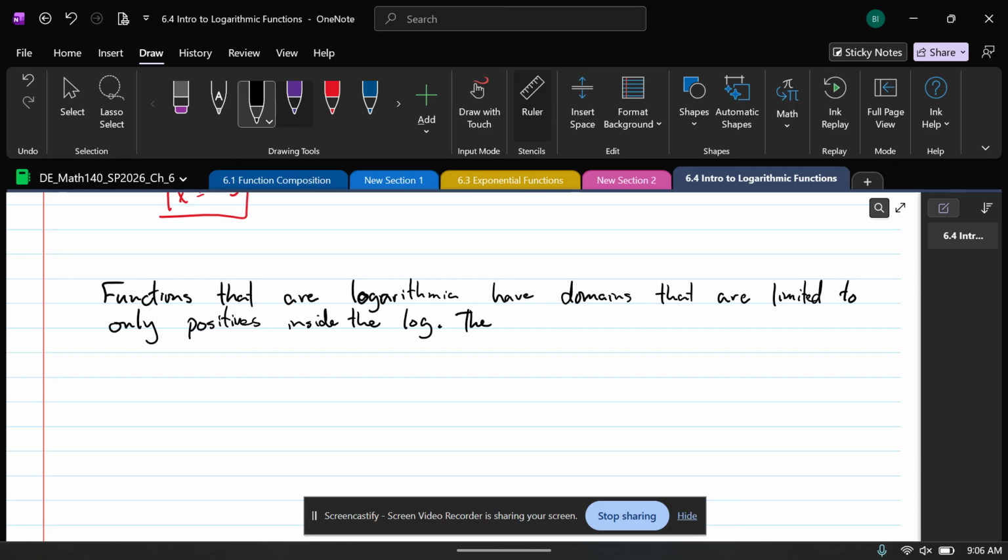The range is unrestricted. And by unrestricted, I mean negative infinity to positive infinity. That's what I mean by unrestricted.